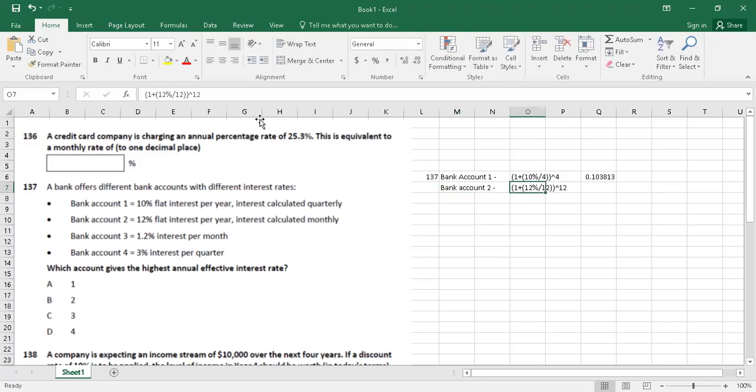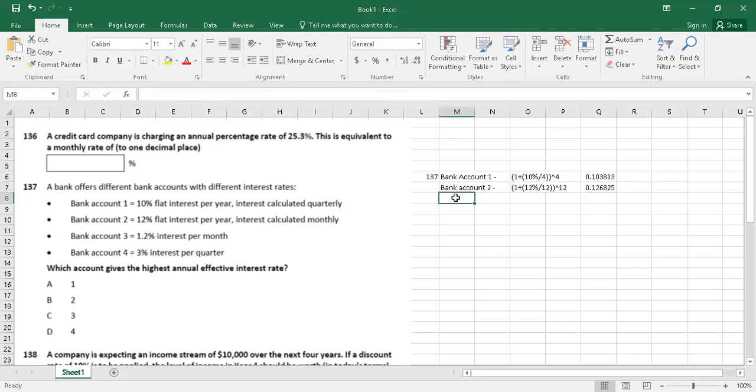Let's just copy this one. We got it as 12.683.